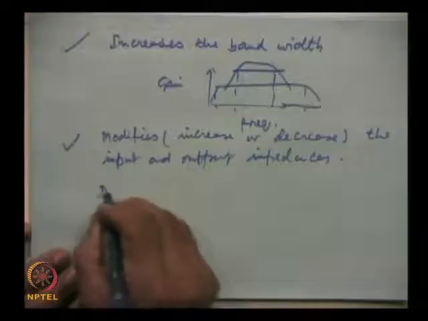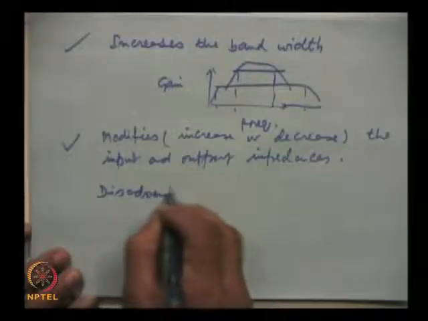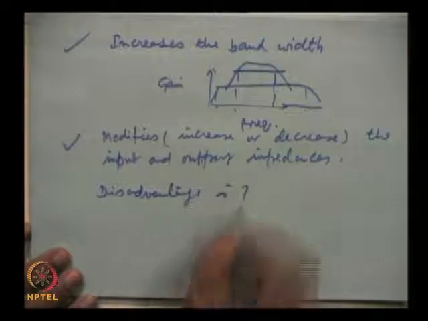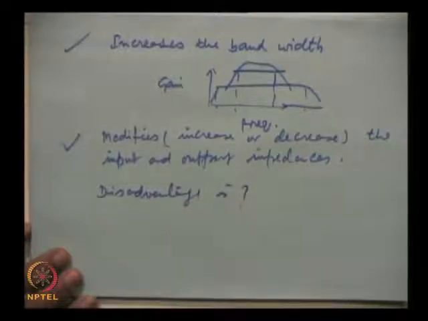No gain, no advantage, is without paying a price. Negative feedback, all these advantages, for that you have to pay the price. So what is the major disadvantage? The disadvantage is that by incorporating negative feedback, the gain of the amplifier falls.